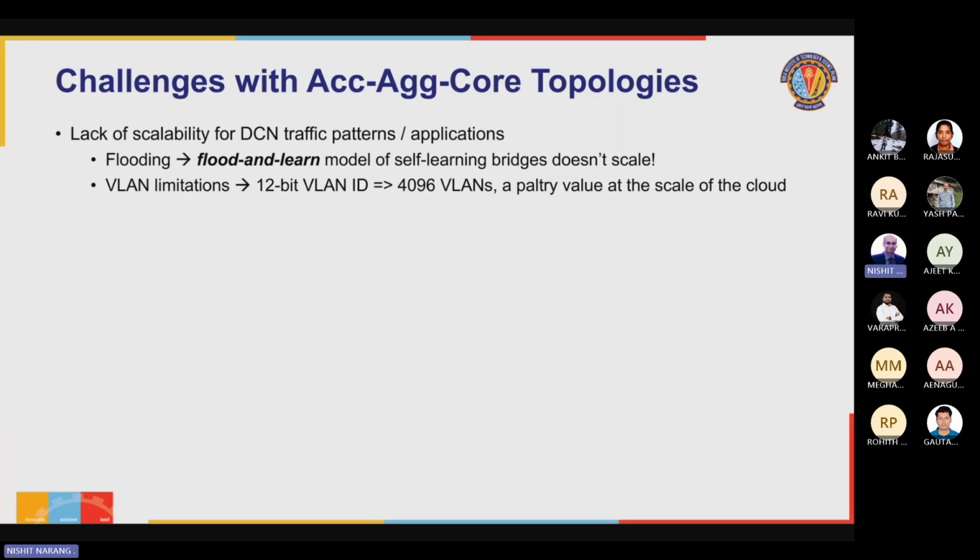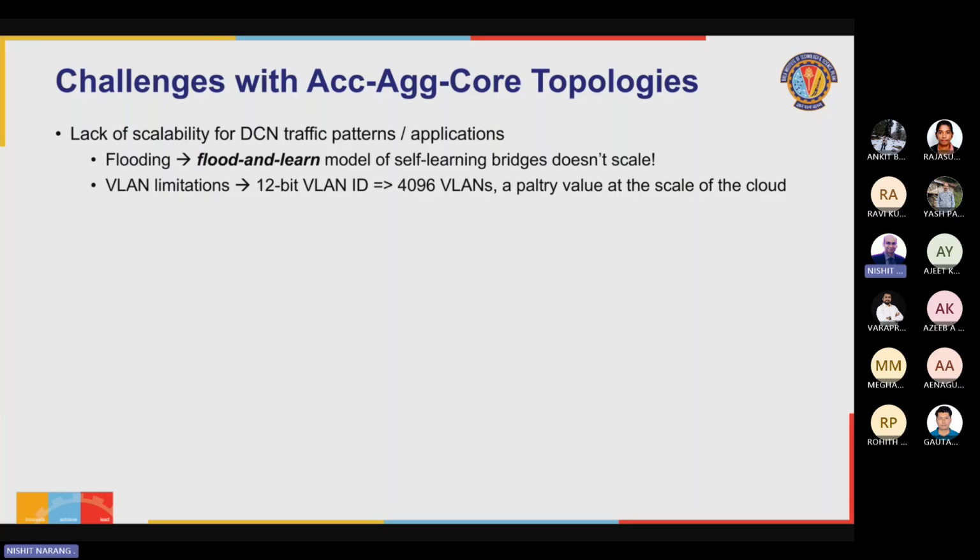If I try to artificially create multiple virtual local area networks, one for each tenant within that data center network, I get limited by the VLAN ID because the VLAN ID is a 12-bit field. I can only have 4096 VLANs at the maximum. And if you look at modern cloud compute service providers, 4096 is a very paltry value considering their scale.